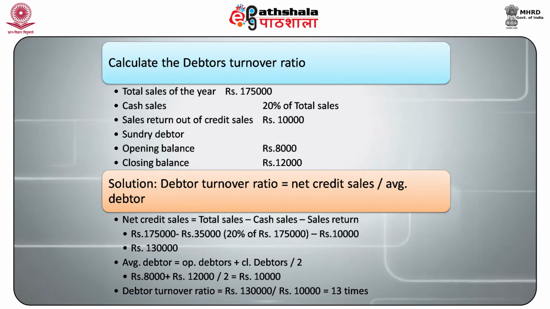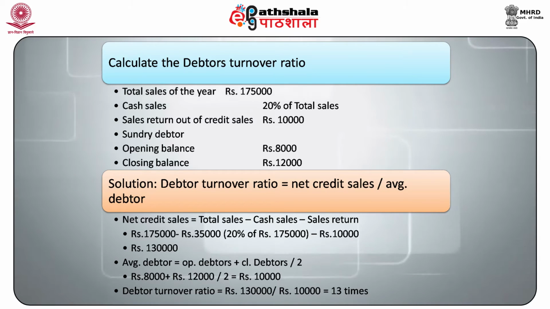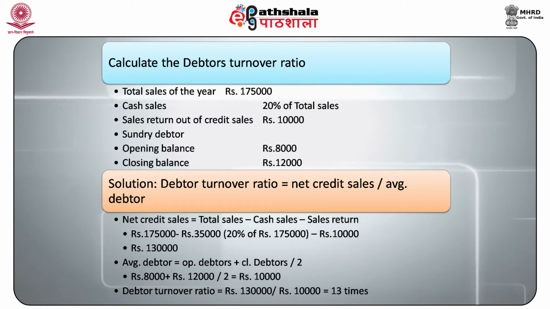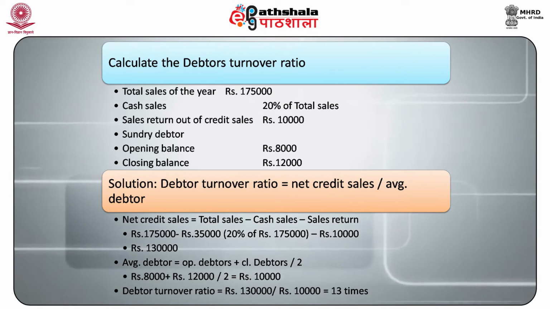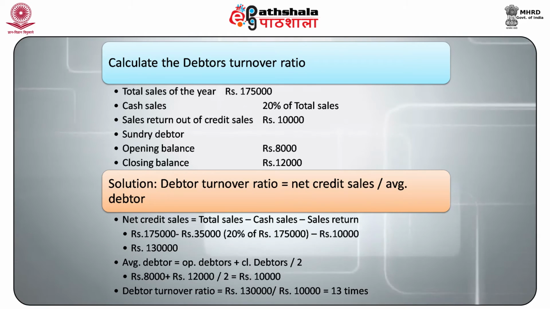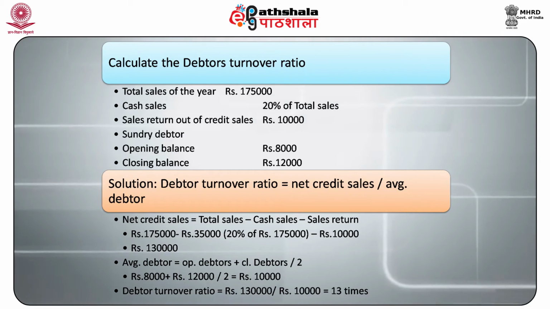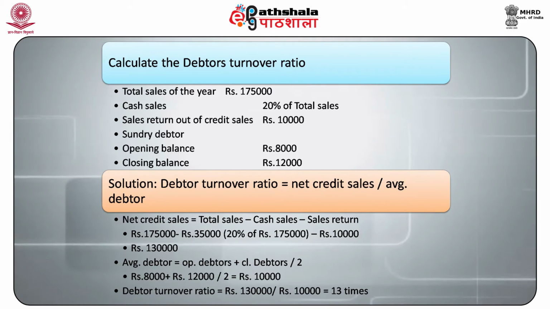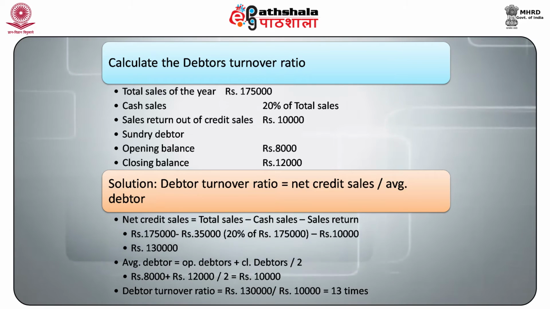Net credit sales is total sales minus cash sales minus sales return, which is rupees 1,75,000 minus 35,000 minus rupees 10,000, which is rupees 1,30,000. Average debtors is opening debtors plus closing debtors divided by 2, which is rupees 8,000 plus 12,000 divided by 2, which is rupees 10,000. Debtors turnover ratio is rupees 1,30,000 divided by 10,000, which is 13 or 13 times.